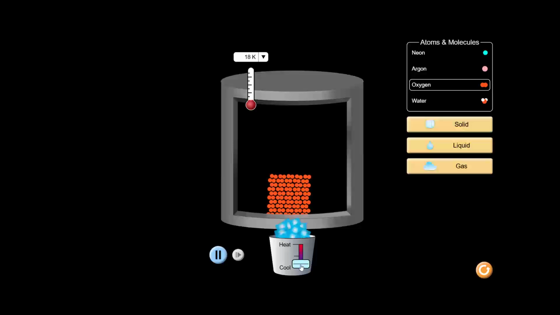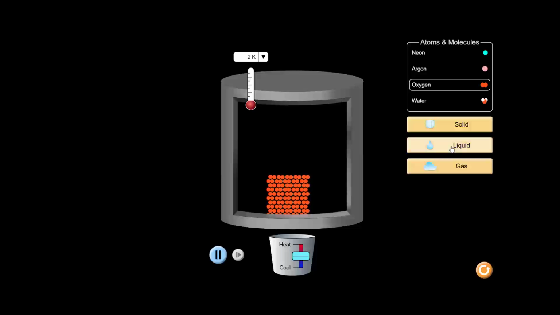If we were to cool this down, let's go as cold as we can, maybe down to 1 or 2 Kelvin, what you see now is at 2 Kelvin, there's hardly any motion of the molecules. Just a tiny, tiny bit. And in fact, that's what we mean by absolute zero on the Kelvin temperature scale. That's where all the thermal motion would cease.